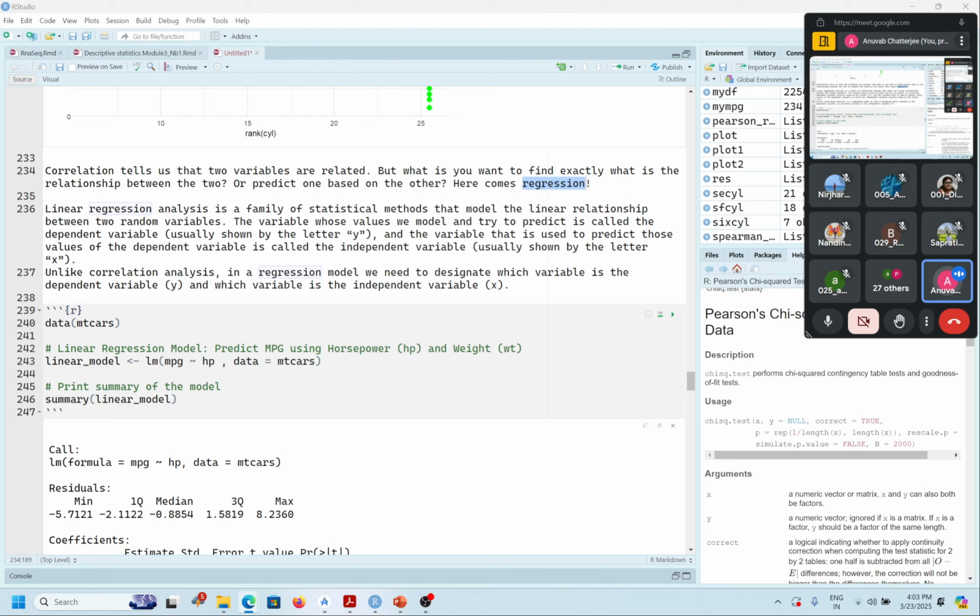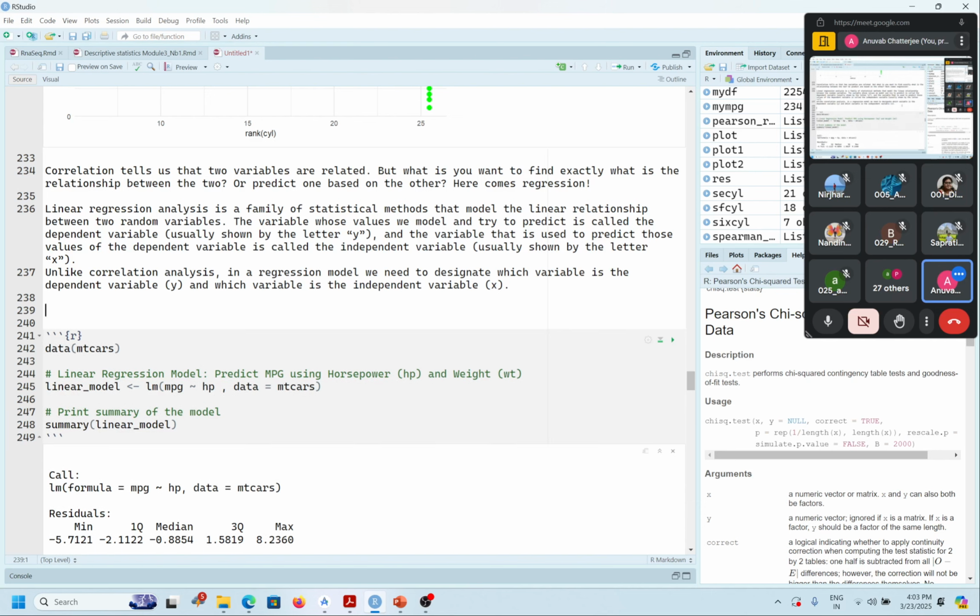So we are again dealing with our mtcars data set, and the first kind of regression model we are going to look at is called the linear regression model, in which you expect there to be a linear relation between them. Linear relationships mean that the two of them can be written in an equation like y equal to mx plus c. So essentially you imagine there to be a straight line equation between the two variables.